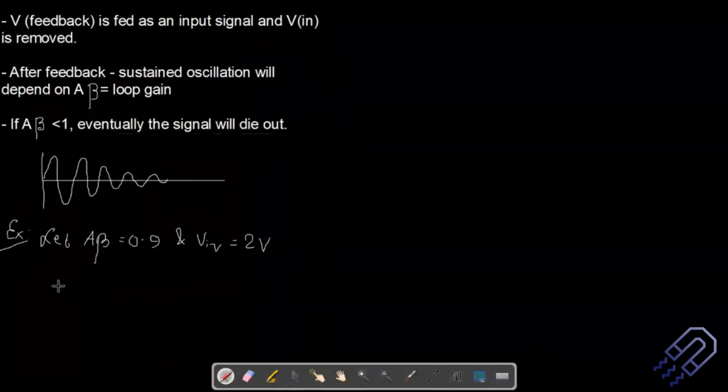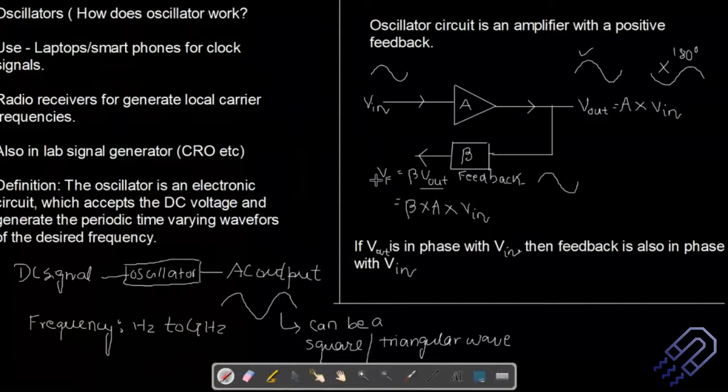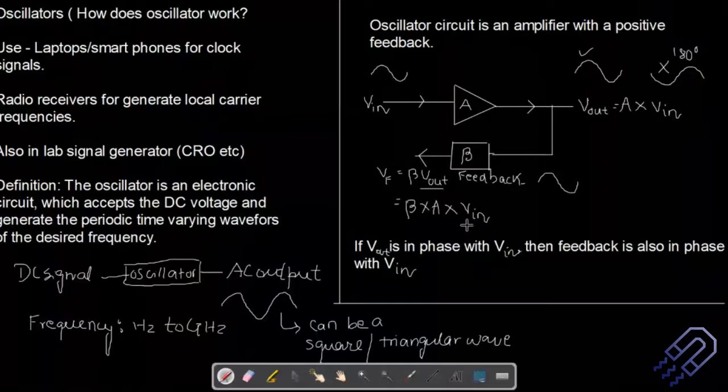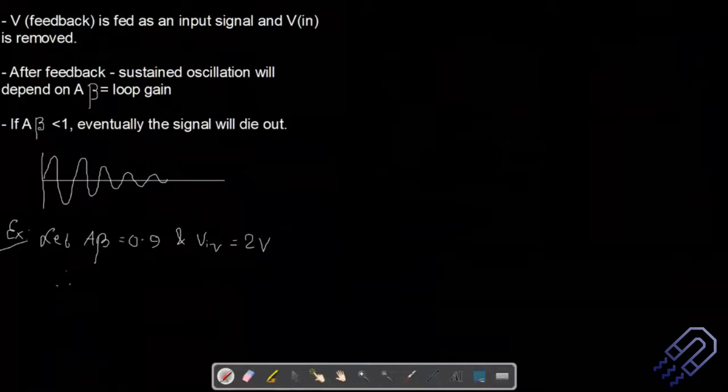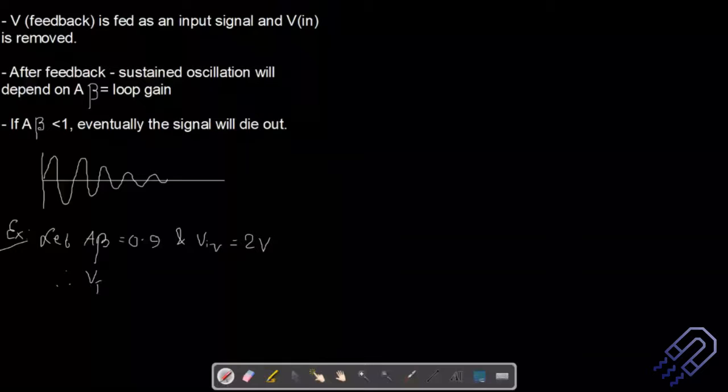Going to the previous diagram, V feedback voltage is nothing but beta into A into V in, so this is A beta V in.